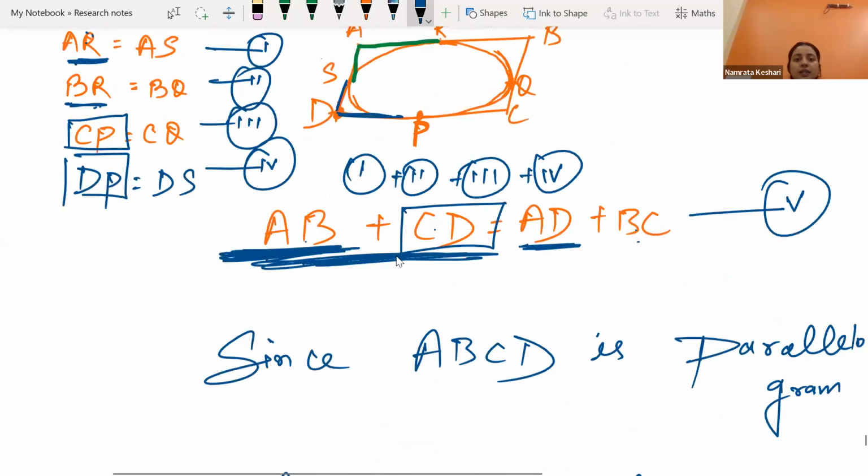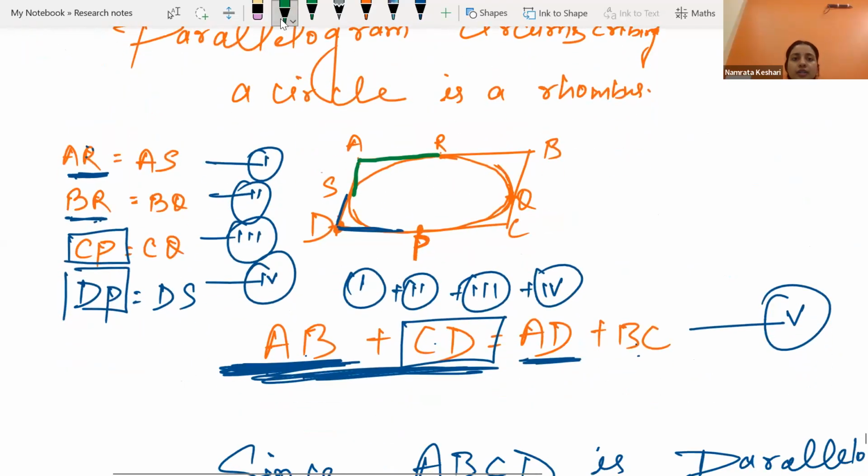Check it. AB and AD are what? See, we have already proved that adjacent sides are equal in length. This AB is equal to AD. Already it was a parallelogram where AB was equal to CD. So AB was equal to CD, AB is equal to AD. That means all sides are the same length, right?